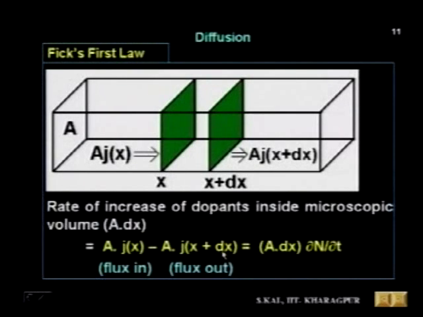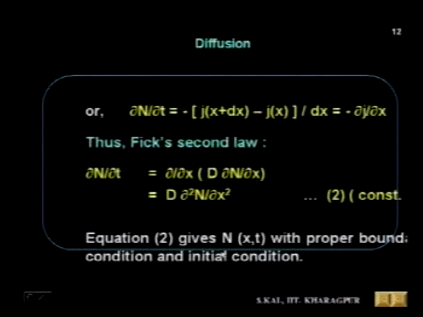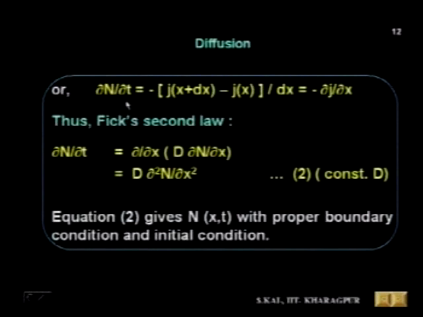Okay. Now the next few steps are like this. So del n del t, from the earlier equation, we can write as Jx plus dx minus Jx, the same equation written in a different way. That is equal to minus del J del x.